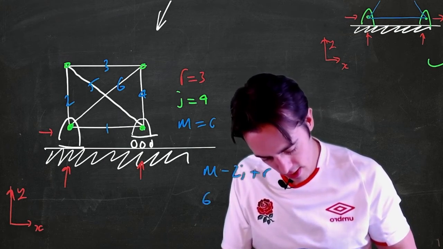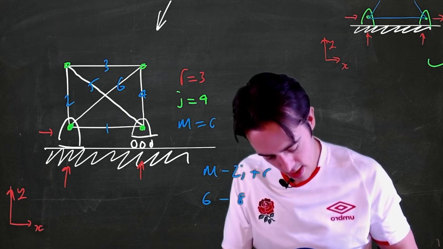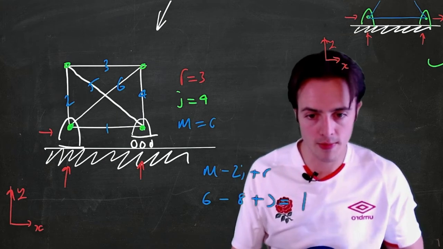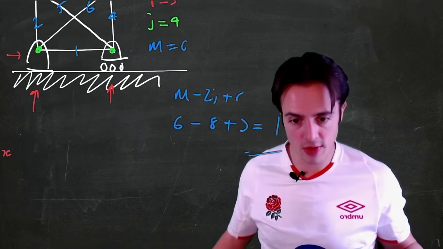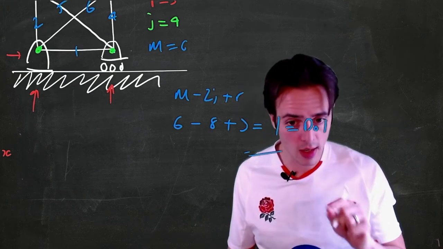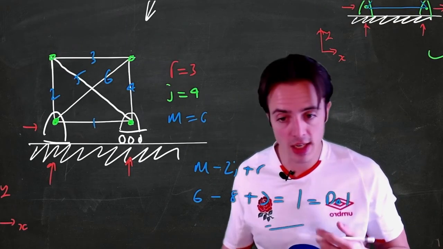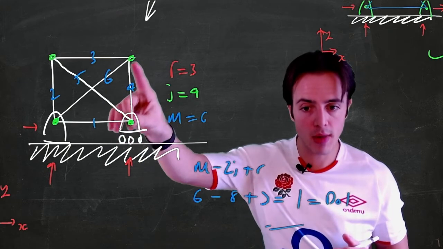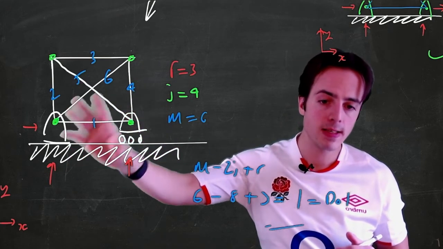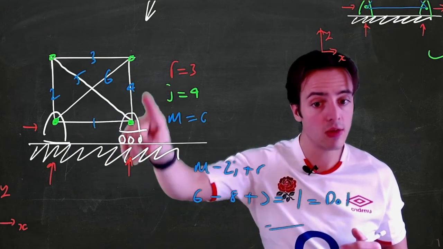So it's going to be 6 minus 8 plus 3 is equal to 1. Okay. And because it's equal to 1, that tells us that we've got a degree of indeterminacy of 1, which means we have a redundant internal member. One of these members is not required to maintain static equilibrium at all of these joints.